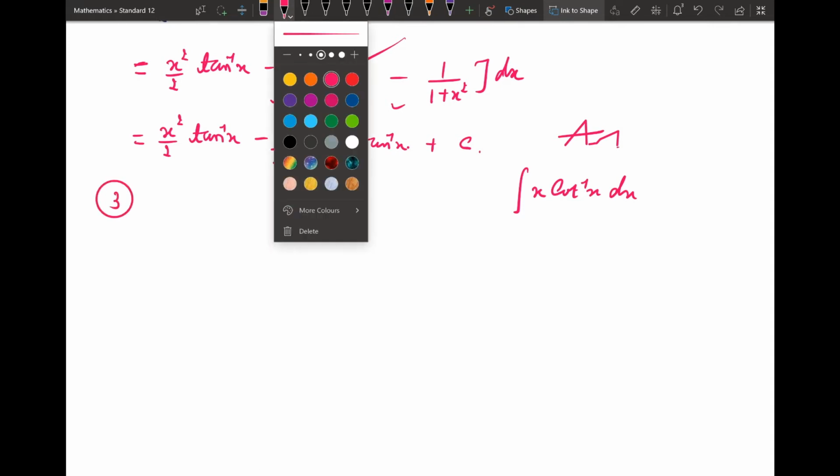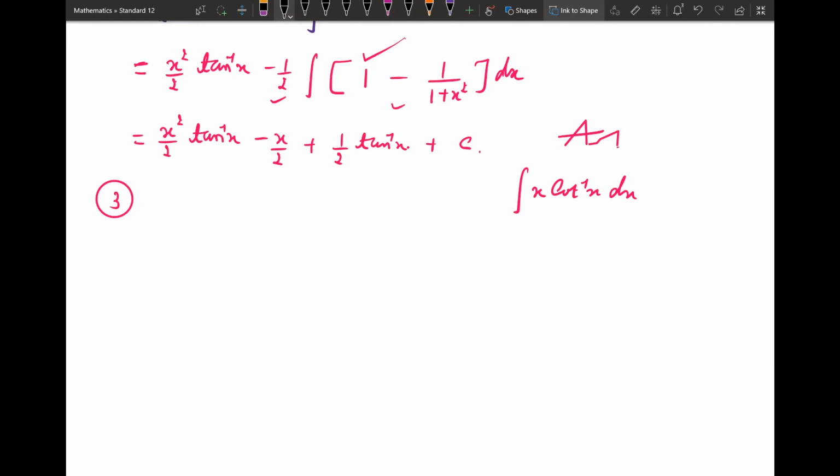Third one, integrate sin inverse x whole square dx.